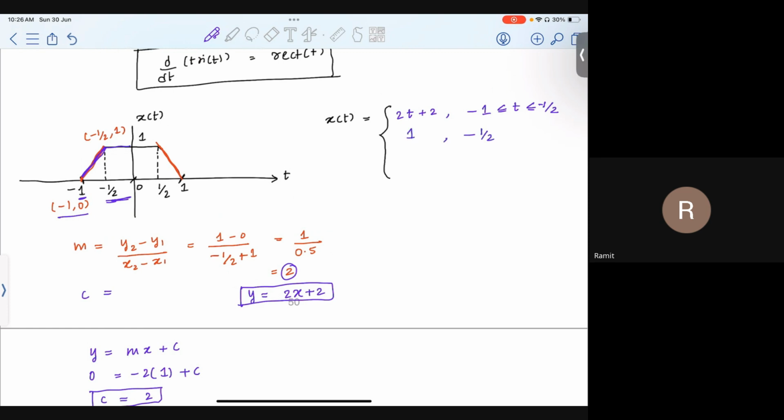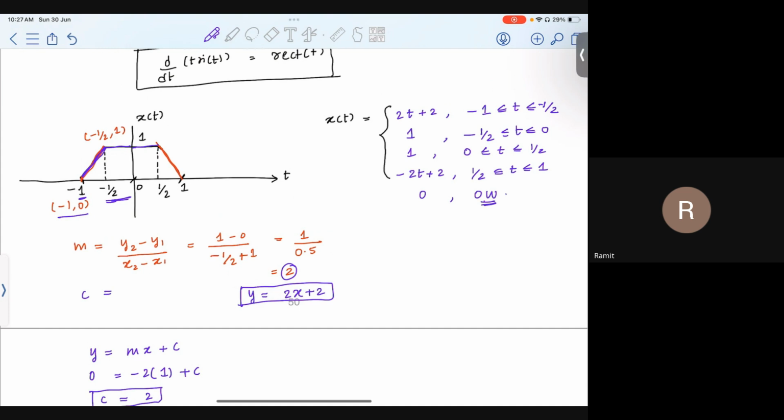From 0 to half, again the signal is 1. And from half to 1, we have seen that the signal is minus 2t plus 2. It is 0 otherwise. We represent otherwise by OW, the simple form.